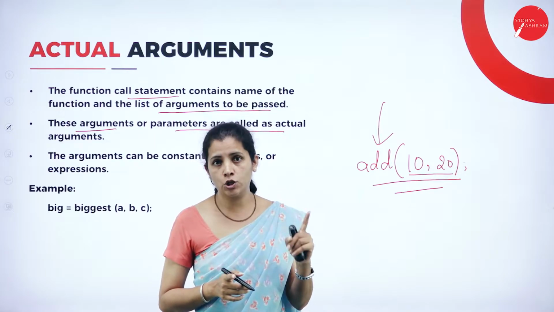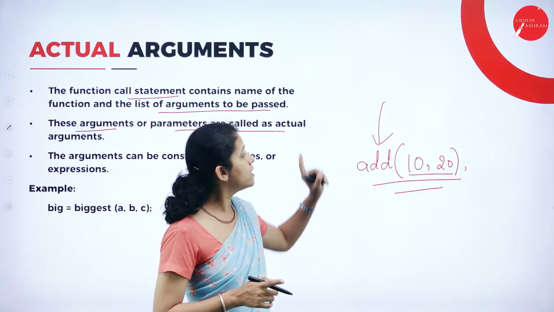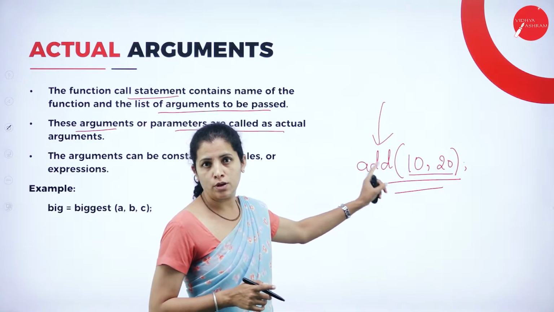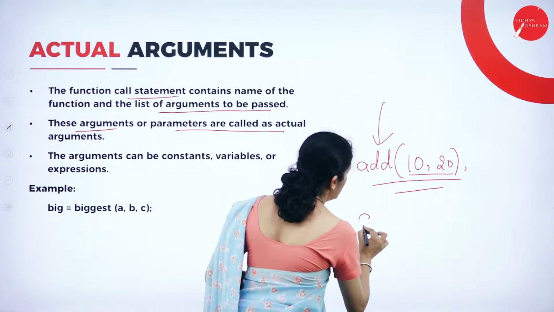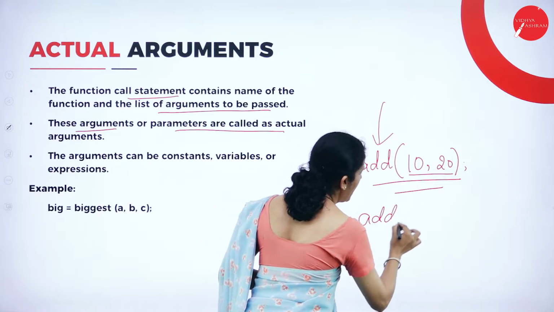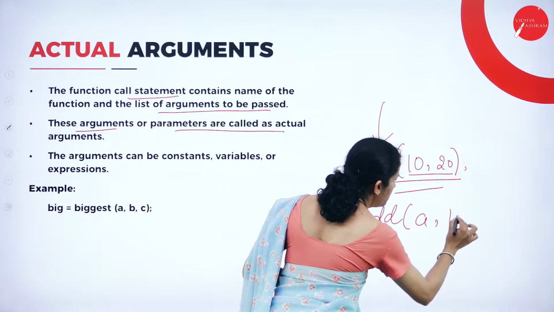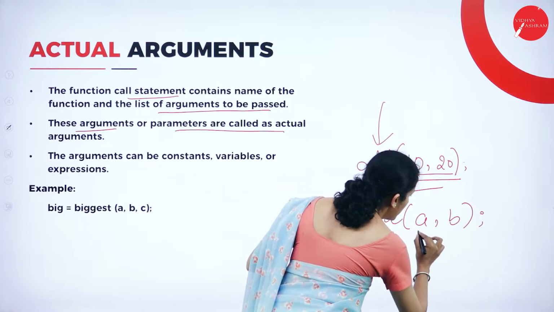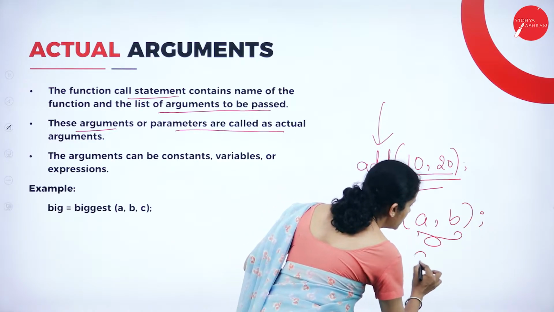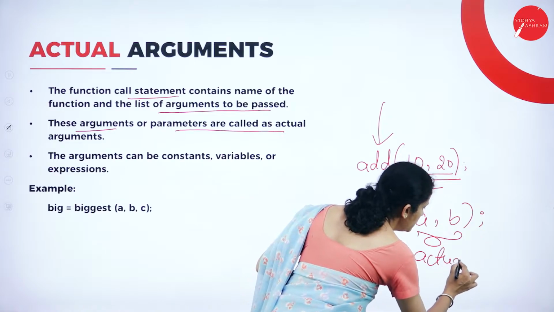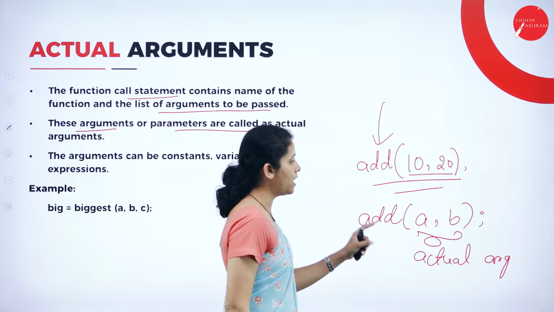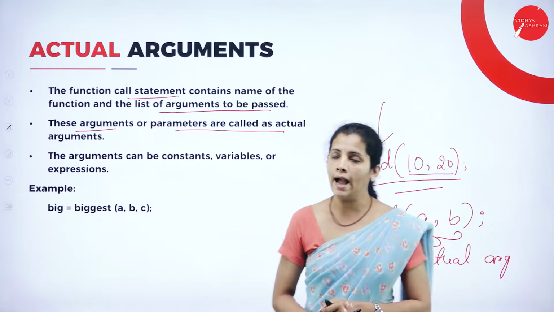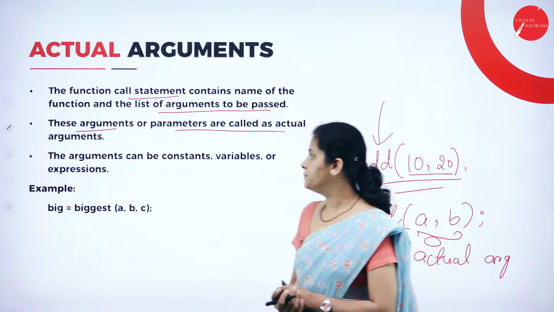It is actual argument, and where I'm going to use actual argument is in my function call. For example, if I write add(a, b), so here a and b are nothing but the actual arguments.